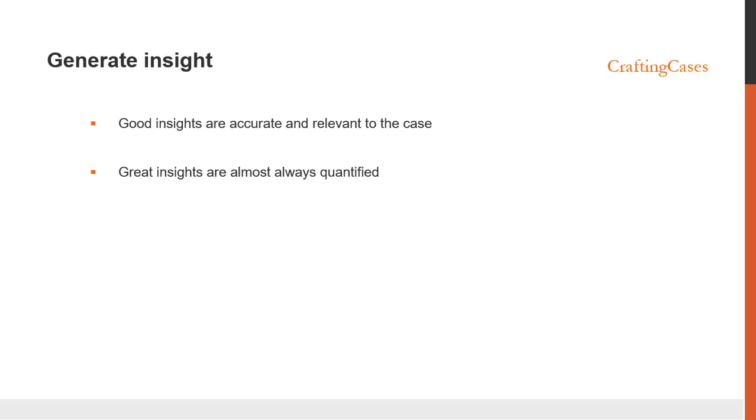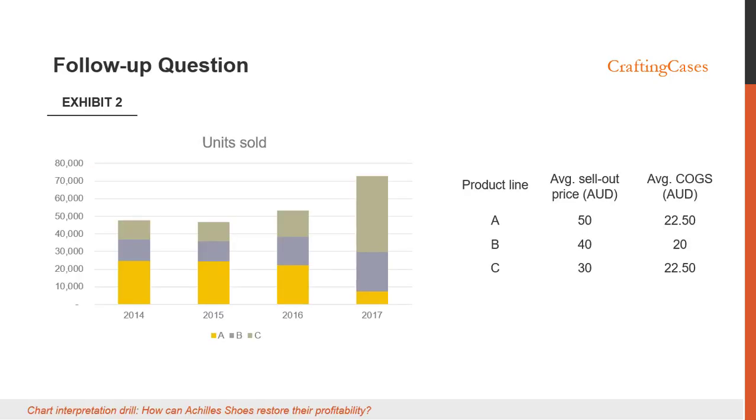So here in the first one, in this first chart, I didn't say product line A accounted for a lot of our units sold. I said it used to account for around 50% in 2014. And I didn't say product line C didn't sell much. I said product line C represented around 20% of my units sold.